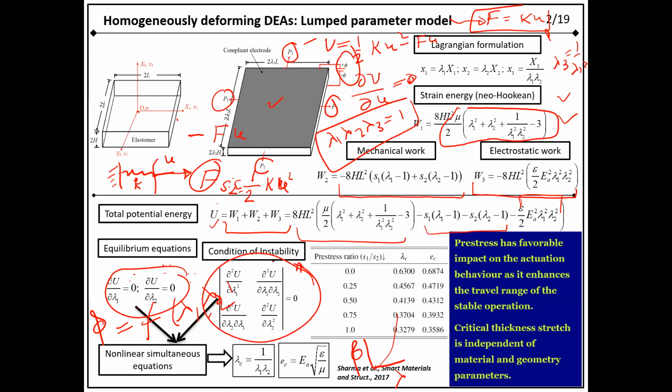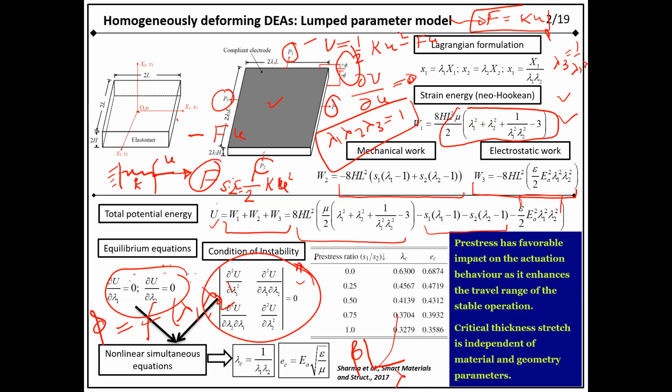We already know that in a maximum-minimum problem, the potential energy will be minimum when the second derivative, the Hessian, is positive, and in that case the system is in a stable position.